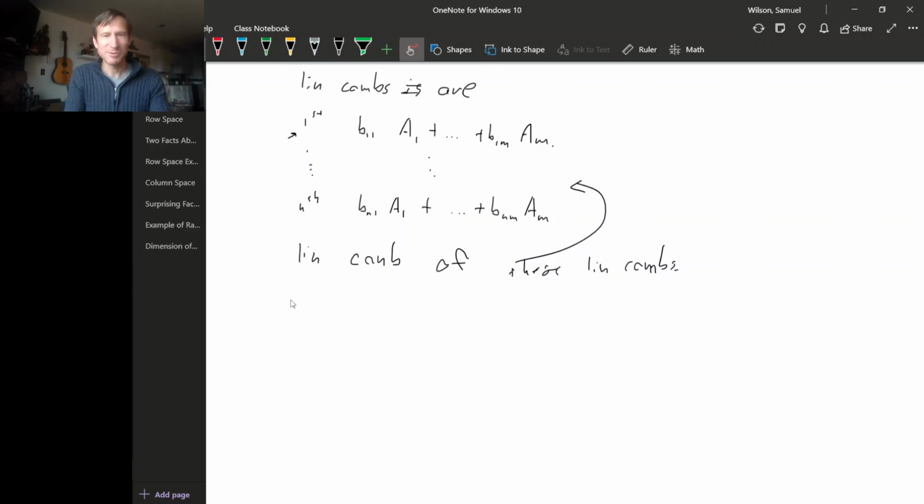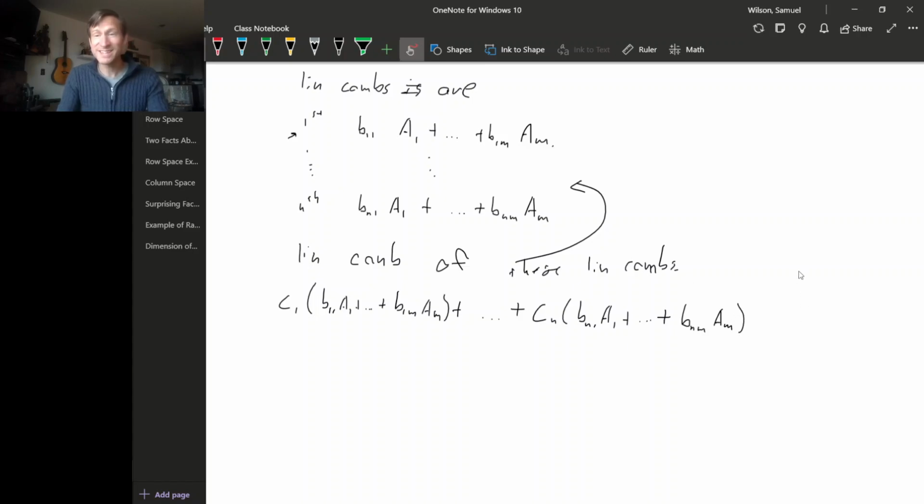So we might have C1 times the first one, B11A1 plus and so on down to B1M AM, and then plus, every linear combination from this list here will have a coefficient that's C sub something, down to C sub n times (Bn1 A1 plus dot dot dot plus Bnm times AM).